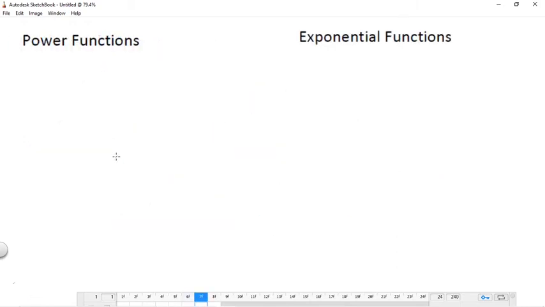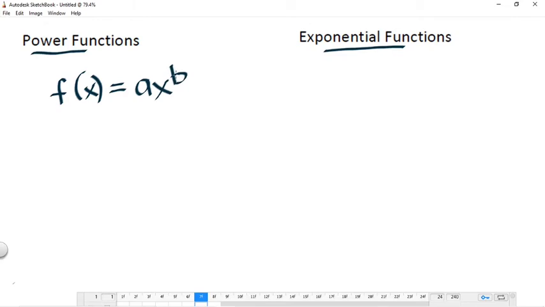For the next two types, I will discuss them at the same time. These are power functions and exponential functions. For power functions, they are in the form f of x is equal to ax raised to b.